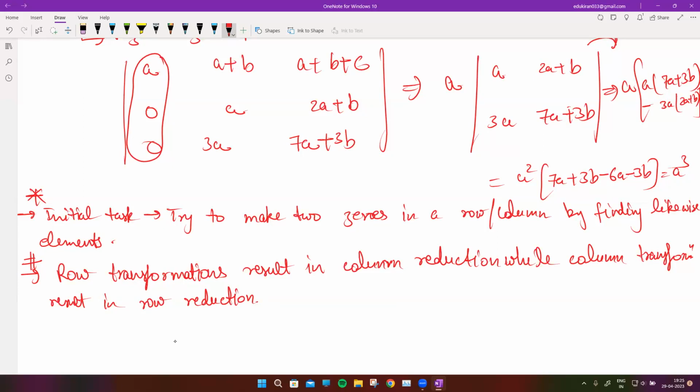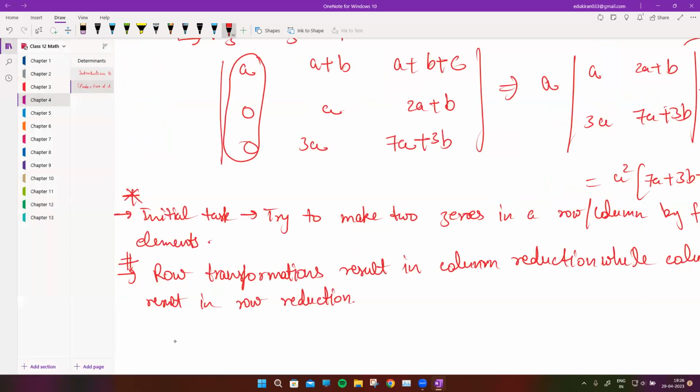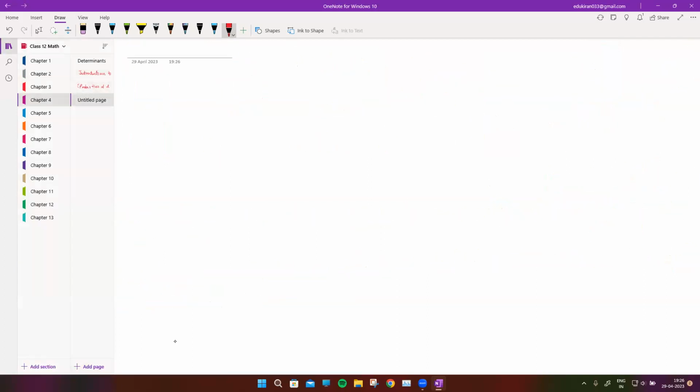So questions on properties of determinant. The best part is, let's say we get sometimes, okay.